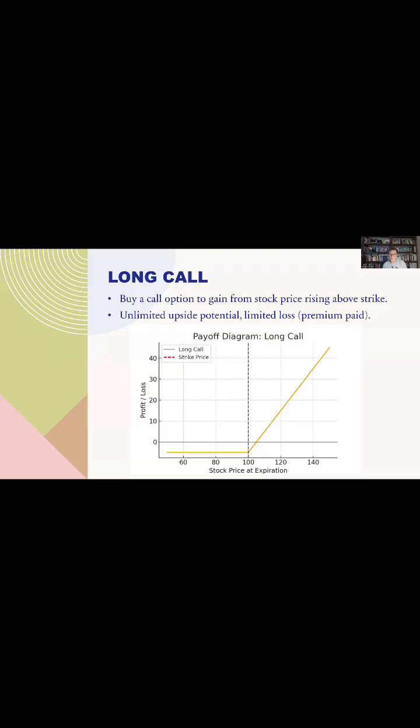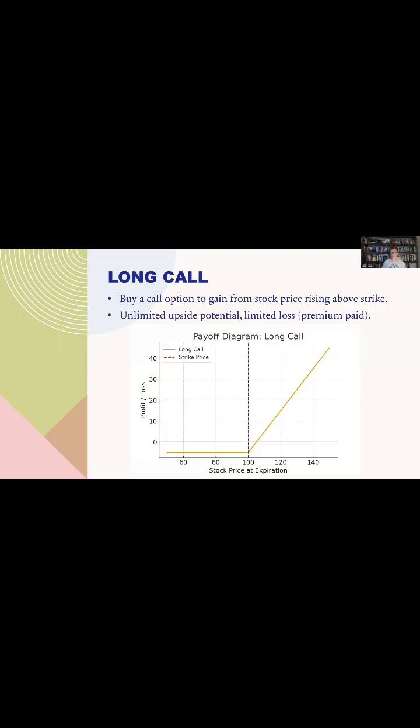If the underlying security starts going up, especially above the strike price, because a call option gives me the right to buy the security at 100. If the price of the security starts going up above 100, then once I've made more than what my premium was that I paid, I start making money.